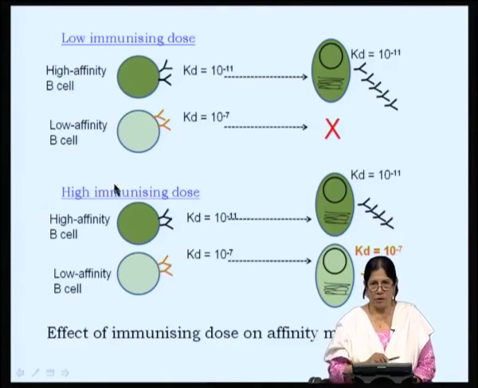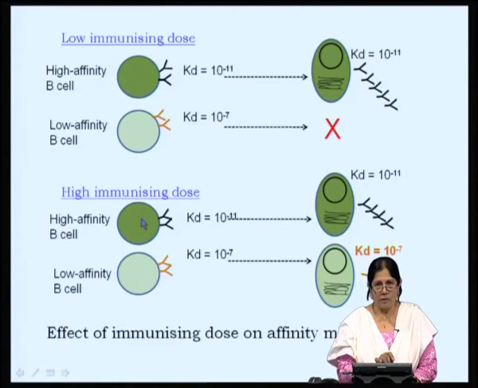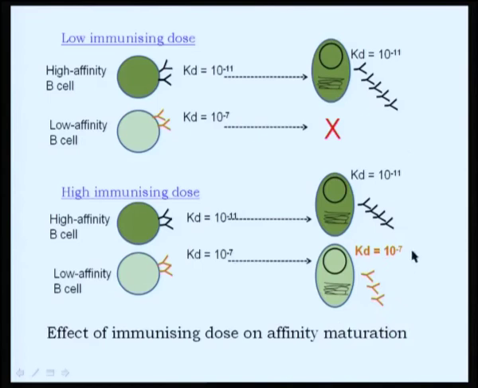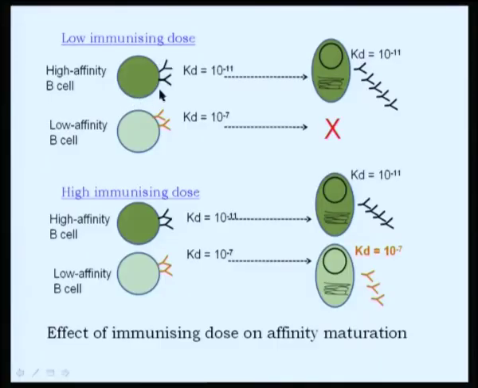Now, if a high immunizing dose is given, then both B cells, those bearing high affinity receptors as well as low affinity receptors, would get activated and differentiate, and you would get a mixture of antibodies which would have both high affinity as well as low affinity. So, the effect of immunizing dose on affinity maturation is important, and even if one starts with a high dose of antigen in immunization 1, subsequently the dosage can be decreased, so that one would get mostly high affinity binding antibodies.